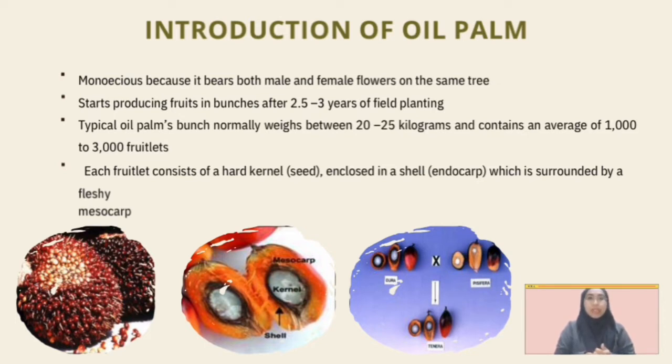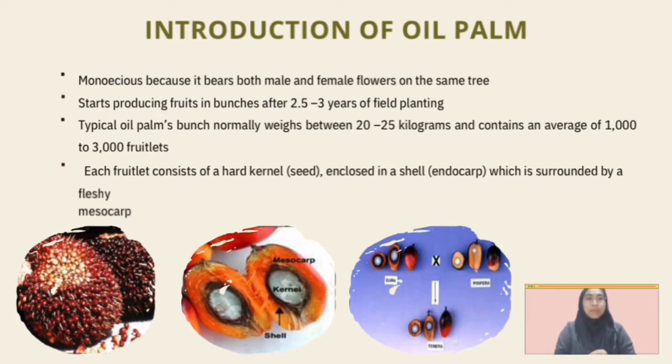It starts producing fruits in bunches after 2.5 to 3 years of field planting, and continues producing all year long. A typical oil palm bunch normally weighs between 20 and 25 kilograms and contains an average of 1,000 to 3,000 fruitlets.